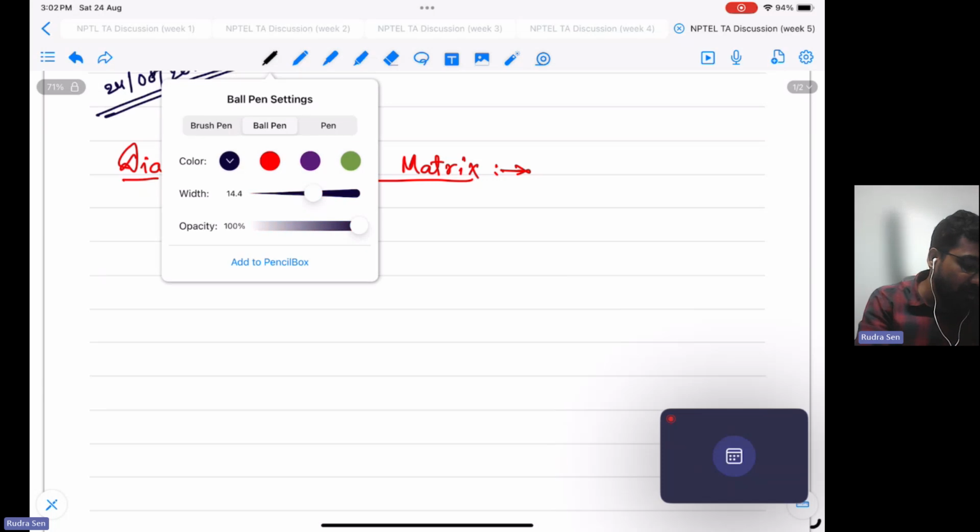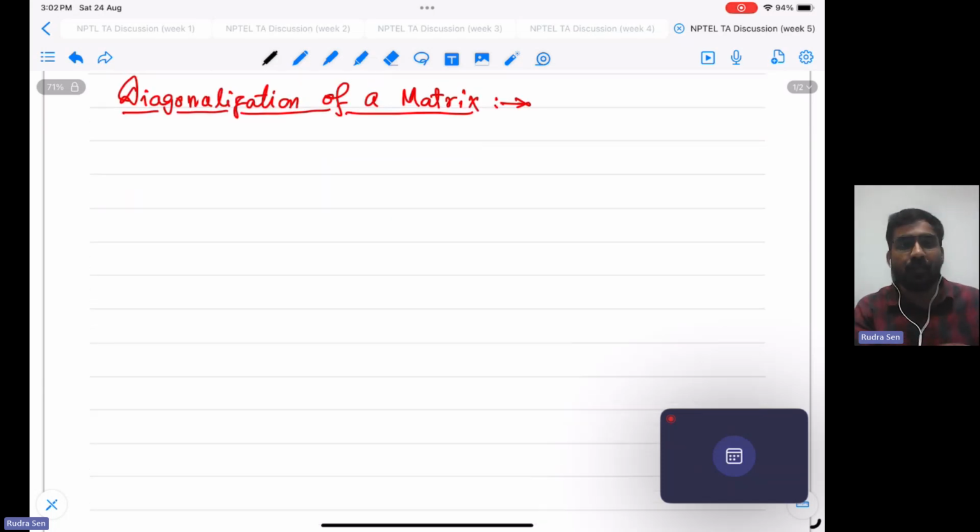As we have studied in the previous week, we studied eigenvalues and eigenvectors. If a system has distinct eigenvalues, we get distinct eigenvectors, right? But if a system has repeated eigenvalues, we may get distinct eigenvectors, but sometimes we may not.